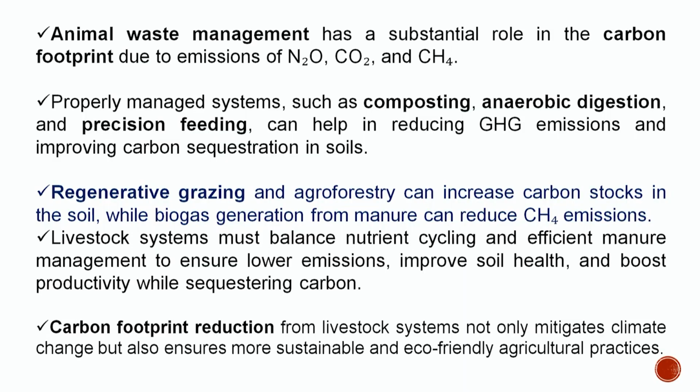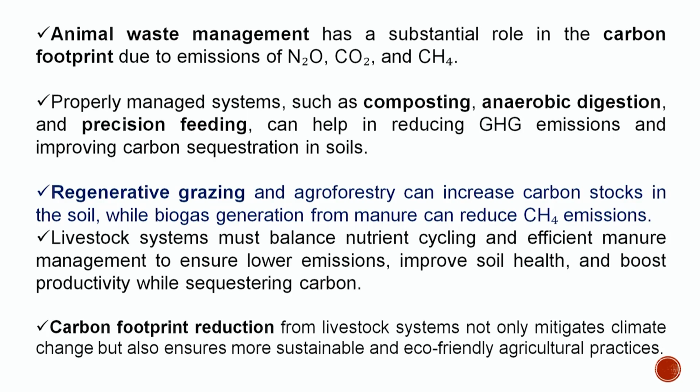Finally, to conclude, animal waste management has a substantial role in carbon footprint due to the emissions of nitrous oxide, carbon dioxide, and methane. Properly managed systems such as composting, anaerobic digestion, and precision feeding can help in reducing greenhouse gas emissions and improving carbon sequestration in the soil.